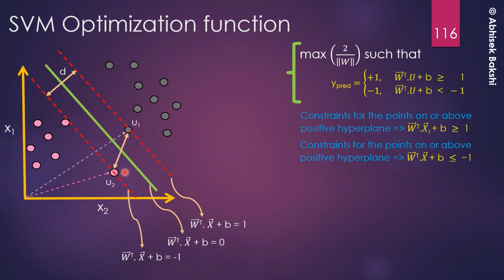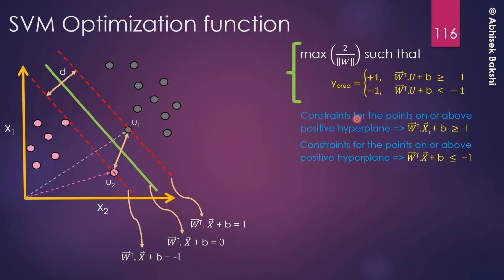So that's why we are trying to maximize this W such that this Y pred will be +1 and -1, which is based on these two parallel margins, and these are the equations of the margin. Either it will be on or beyond the margin, that's why greater than or equal to 1, or it will be below this margin, that's why -1.